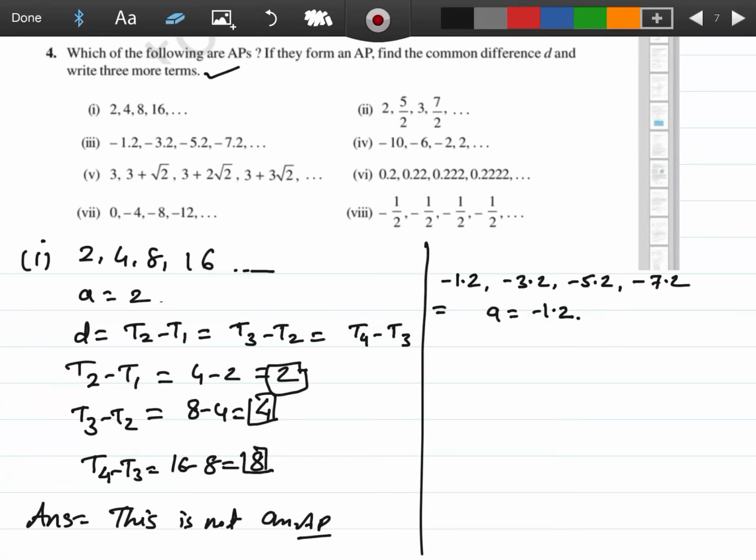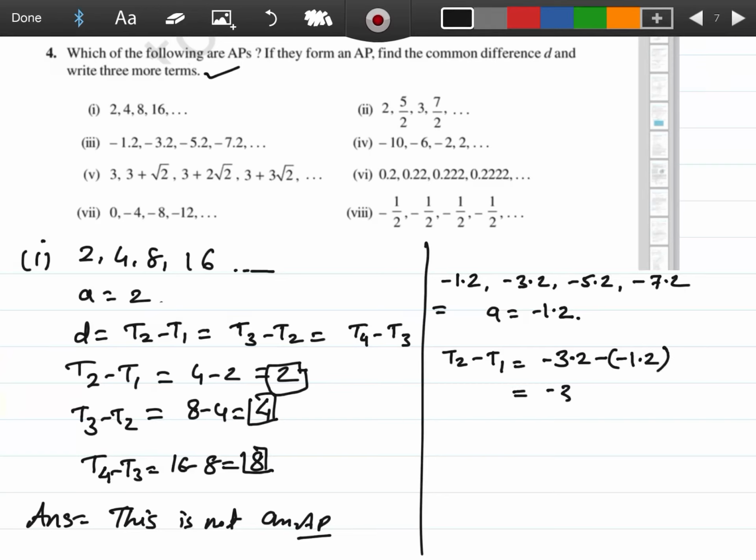Now to find D, what do we have to do? T2 minus T1. T2 is -1, minus T1. How much is T1? Minus 1 by 2.